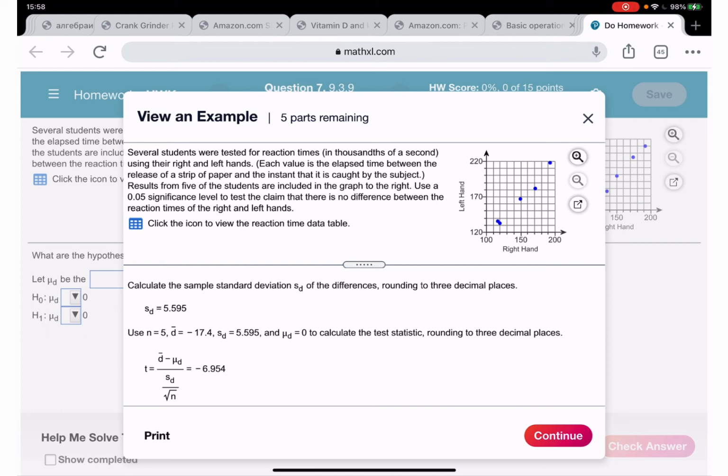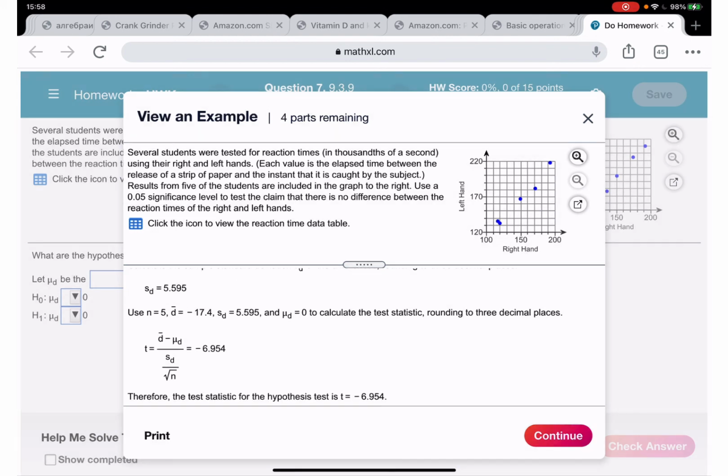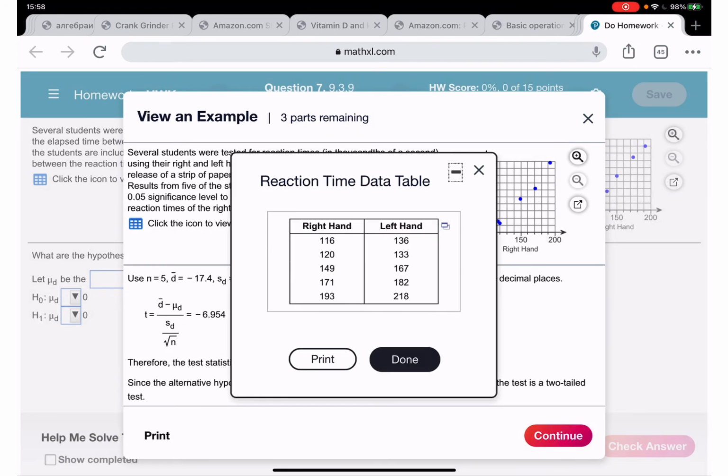But for the t critical, I am going to use StatCrunch. Okay, so let's go.